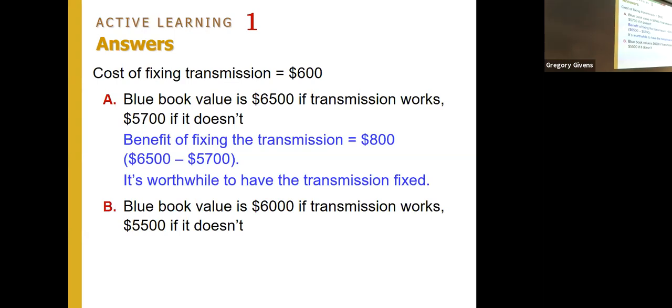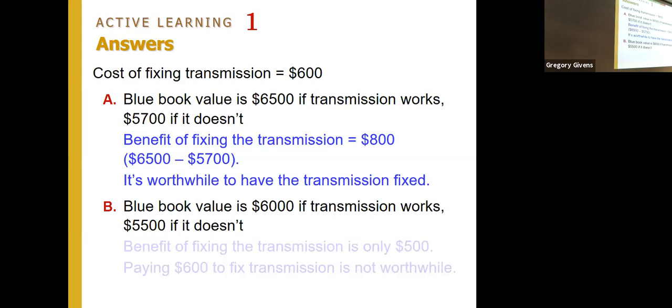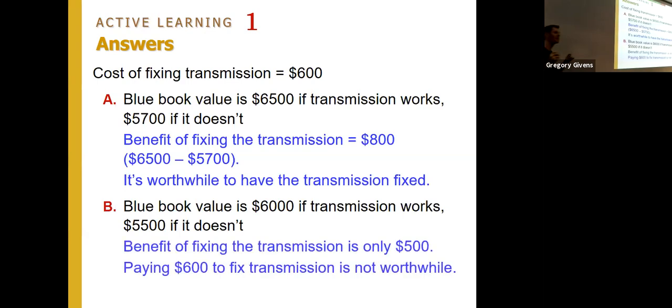So you get on net a negative $100 loss. And so in that case, because the marginal cost exceeds the marginal benefit, it does not make economic sense to repair the transmission. Very simple, straightforward problem that applies the concept of rational thinking on the margin, okay?